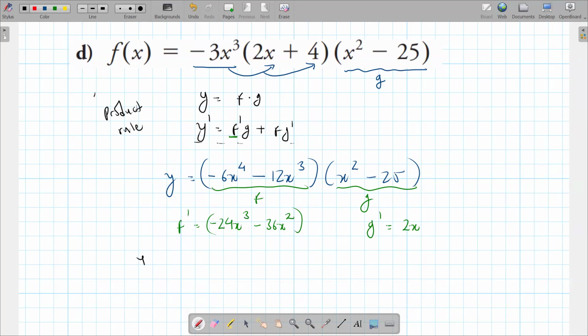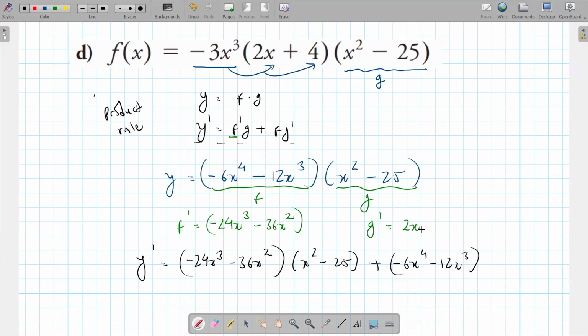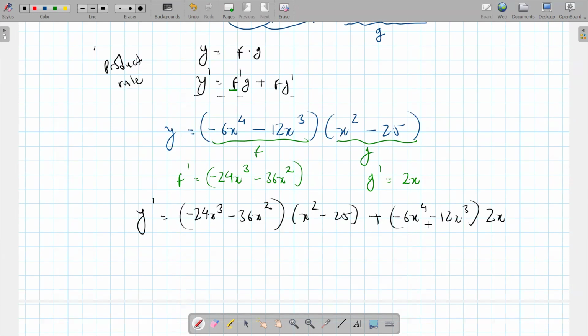So the derivative of this entire thing is f prime, negative 24x^3 minus 36x^2, times g as it is, x^2 minus 25, plus f as it is, negative 6x^4 minus 12x^3, times g prime, 2x. And there you go. That's your first derivative.